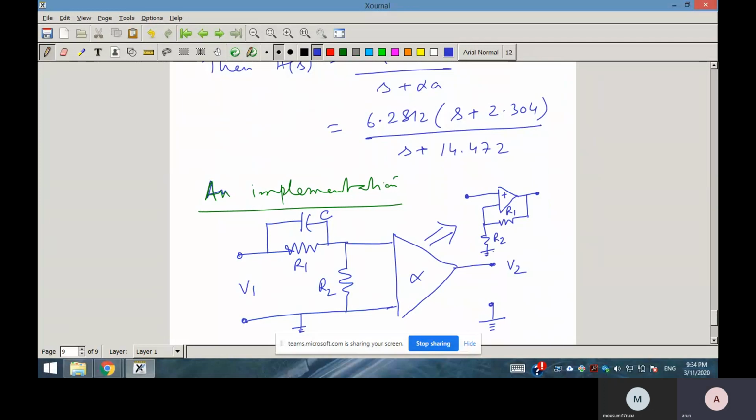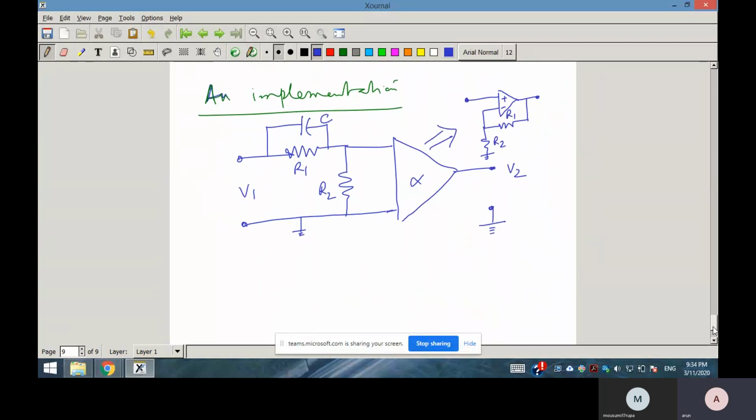So gain will be 1 plus 2R1. So this is the negative terminal. So in this way you can design alpha.